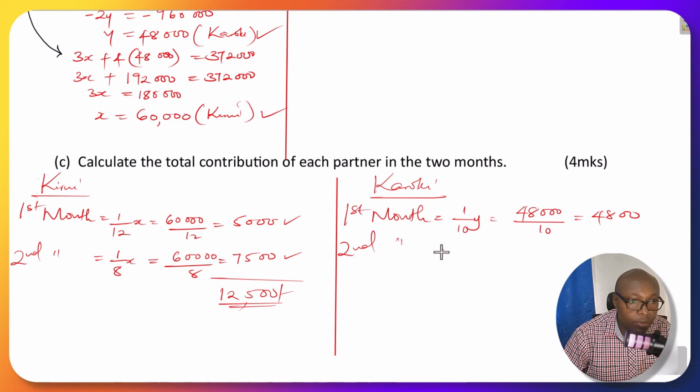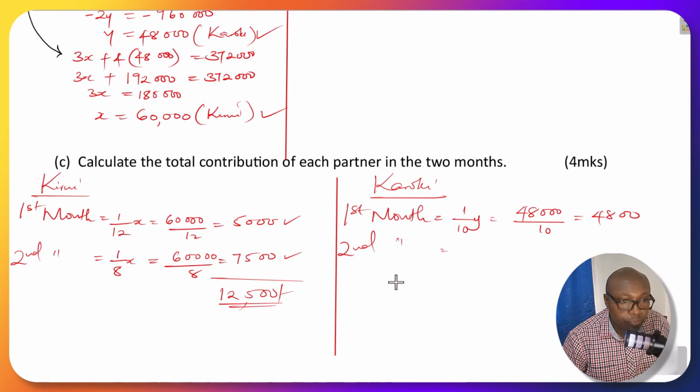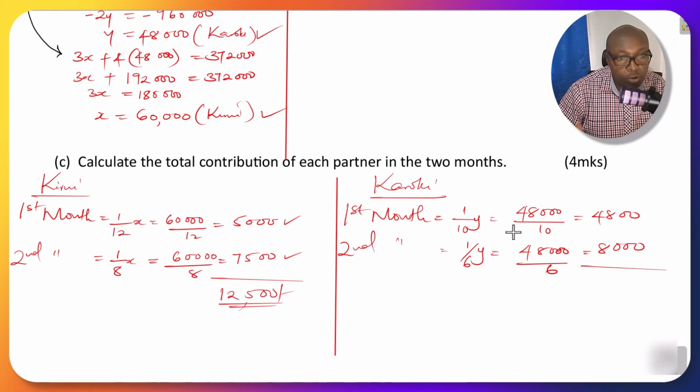Then for the second month, the contribution was a sixth of y, which will be 48,000 divided by 6, so that will be 8,000. So you have the two contributions for 2 months, so the total, you add 4,800 plus 8,000, and this gives 12,800.